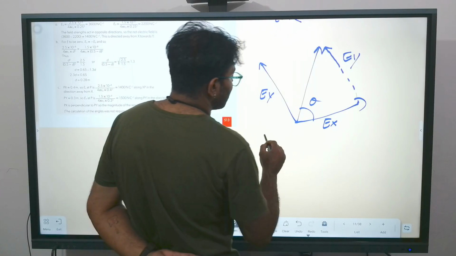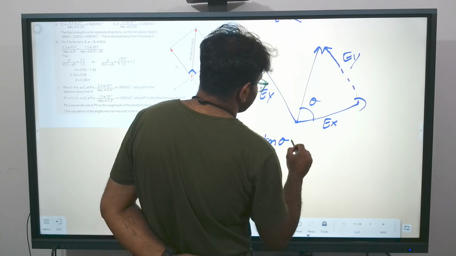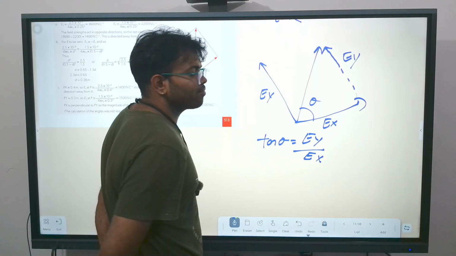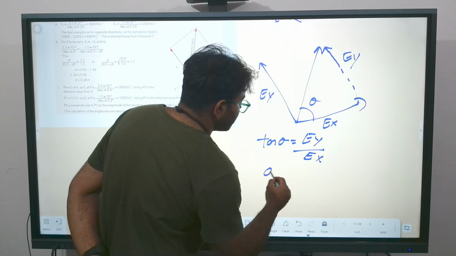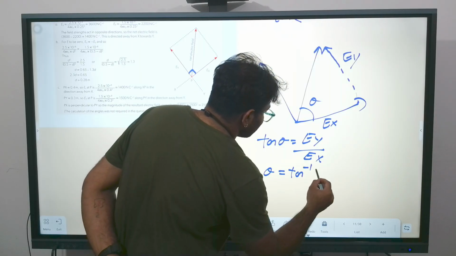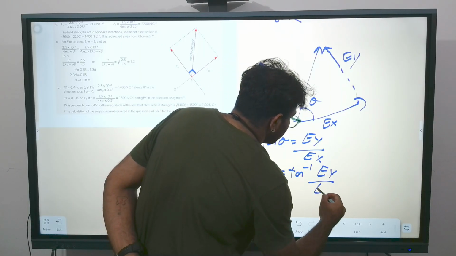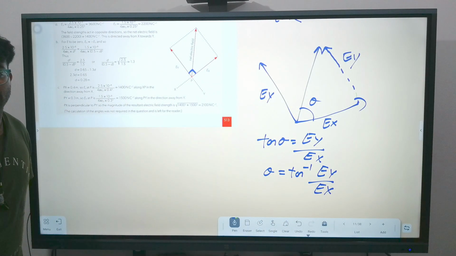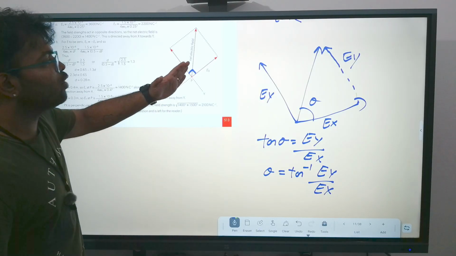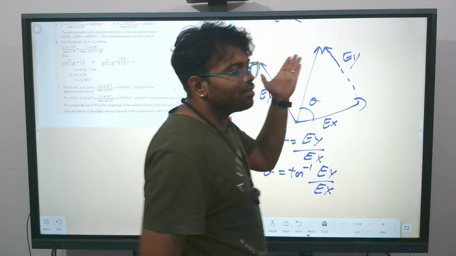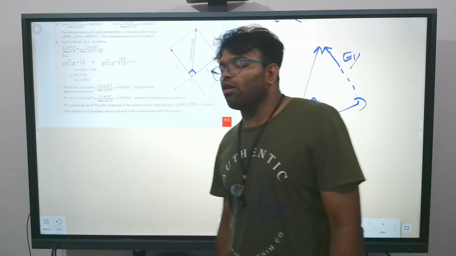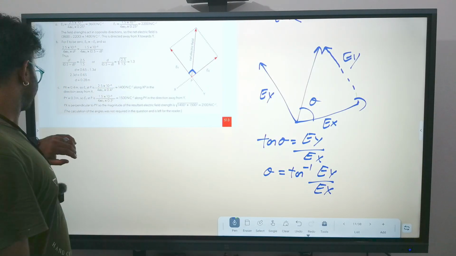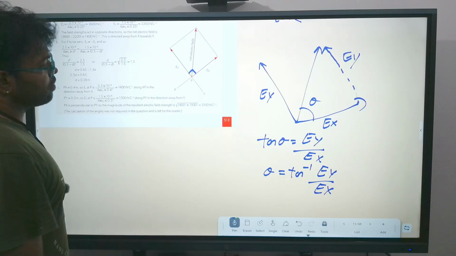So can I say, Akshay, tan theta is equal to E of y upon E of x? So theta is equal to tan inverse E of y upon E of x. That will be the answer. This will be the angle, and you will say that this resultant vector is making this much angle with the x axis. Clear? Okay, next.